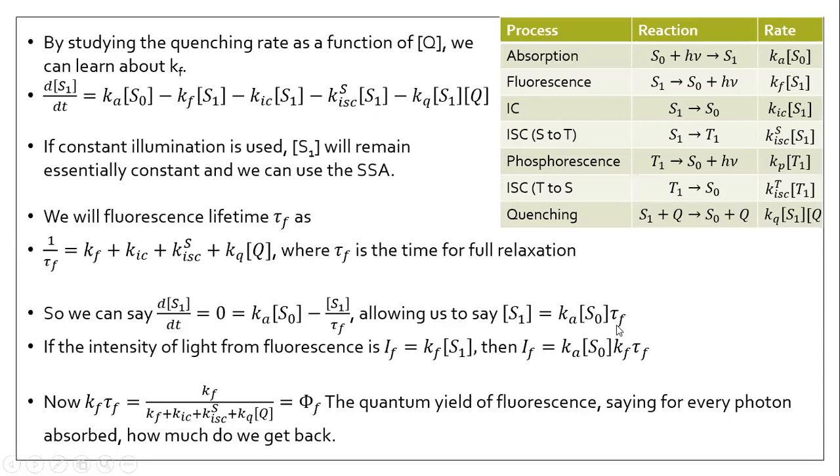That makes our life a lot easier. Now, if the intensity of light from fluorescence is IF, so kf S1, then the intensity of fluorescence is also going to be ka S0 kf tau f.